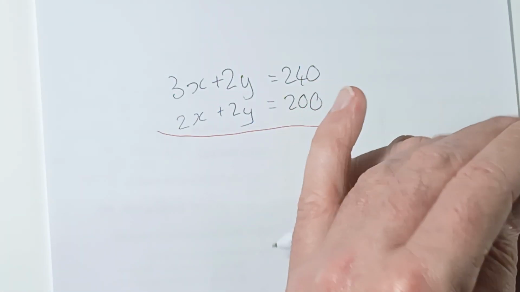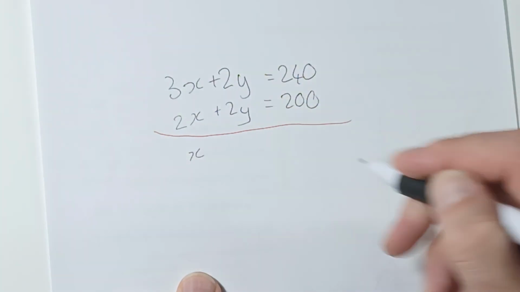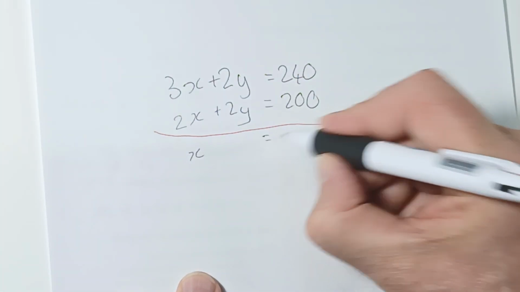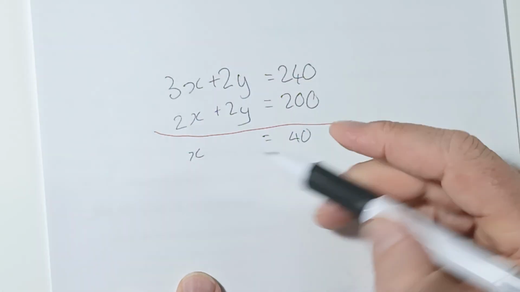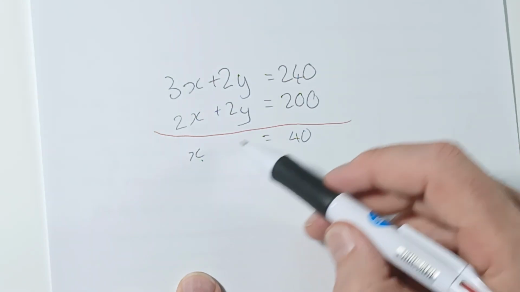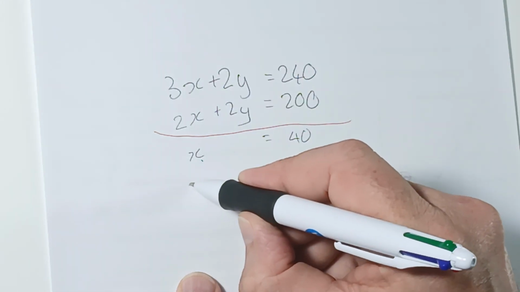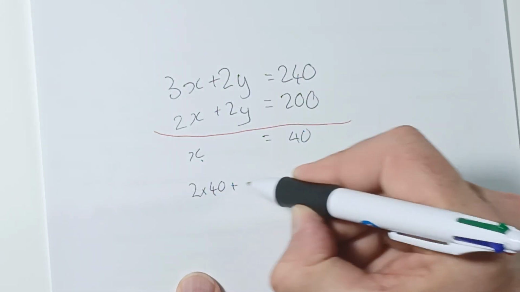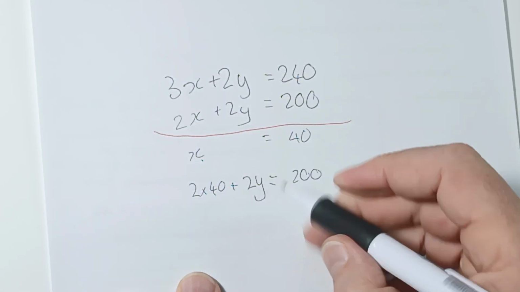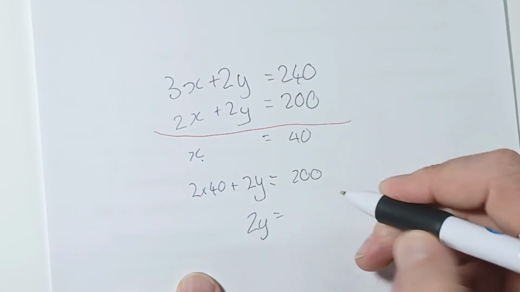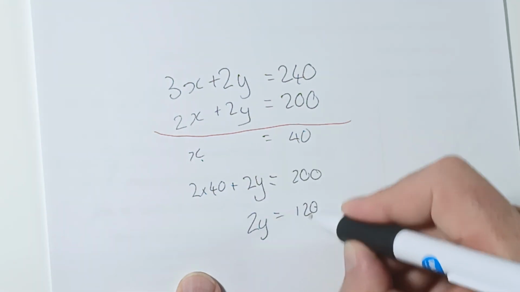So 3x minus 2x is x, 2y minus 2y equals nothing, 240 minus 200 is 40, and we've got our x value straight away. We can now put that straight back into either one of these. I'm going to use this one. So 2 times 40 plus 2y equals 200. 2y equals 200 minus 80, which is 120.